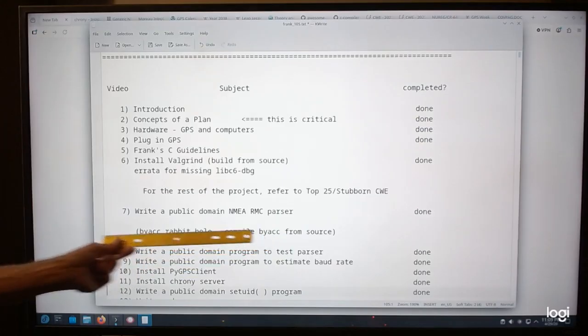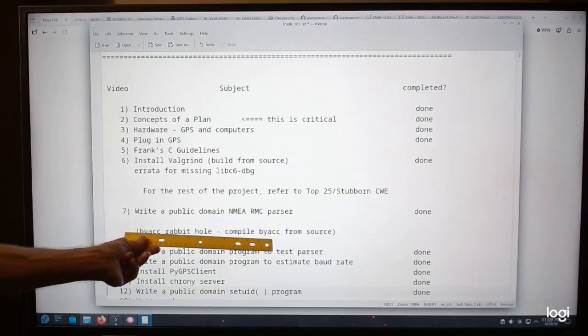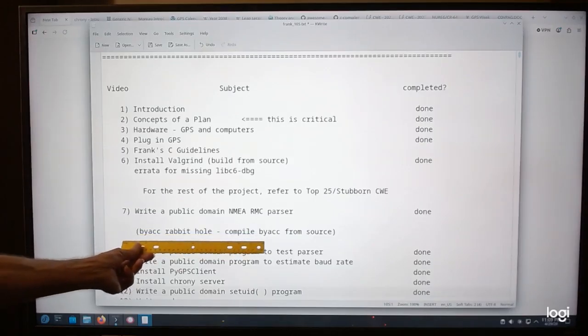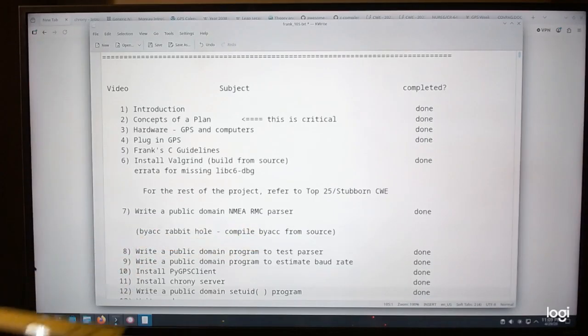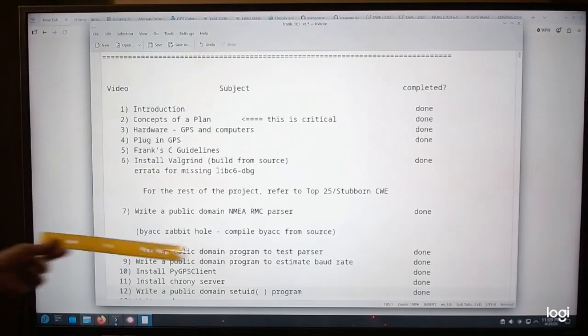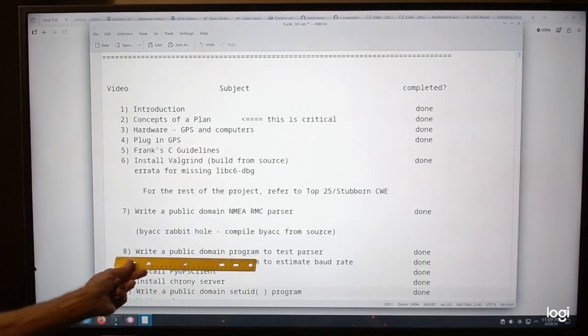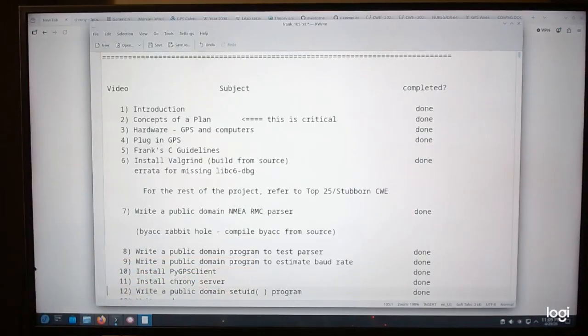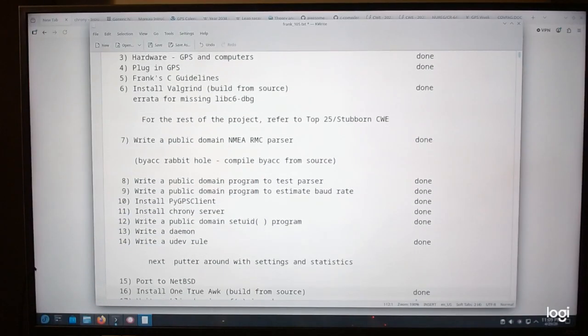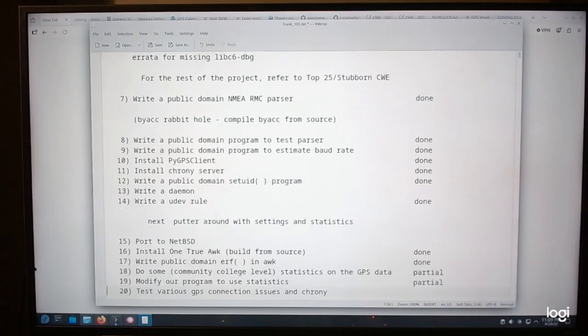I went down a rabbit hole with byacc, and I'm going to make a video on byacc if you're interested. If you're not interested, you don't have to watch it. And then we'll be back on track with the fuzzer in video 8. These are what I've got planned for my project.